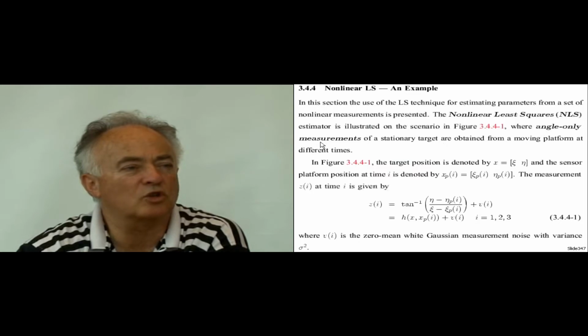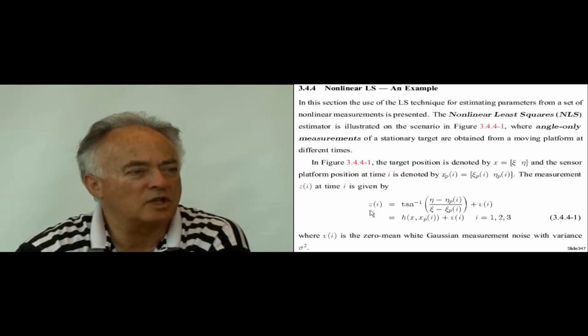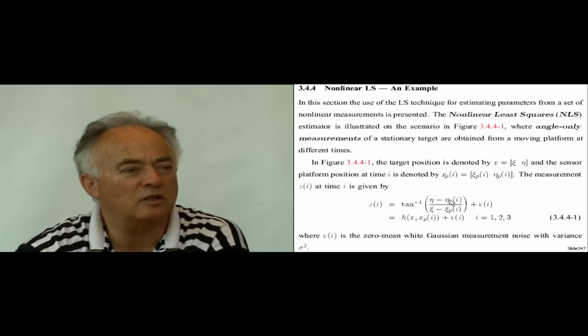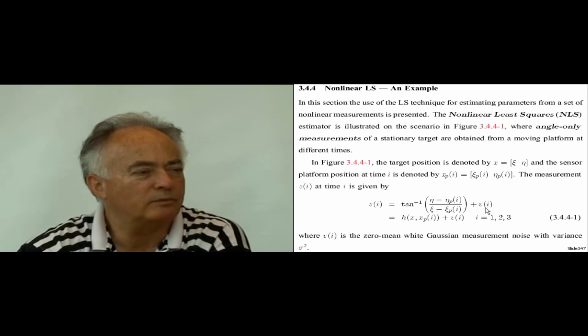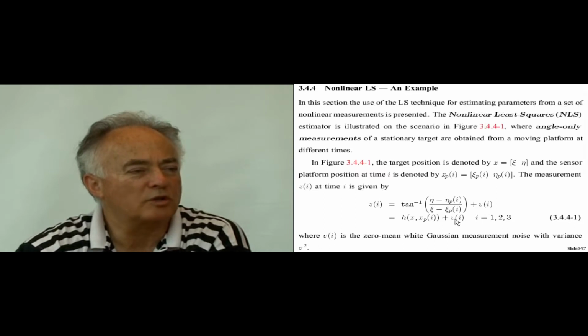Really, that's a direction of arrival measurement. So our measurement, z_i, is arctangent of eta, that's the y-coordinate, the unknown location of that object, minus eta platform at i, divided by psi minus psi platform at i, plus noise at i, which is denoted now by v_i. And these noises are zero mean, white, Gaussian with variance sigma squared.